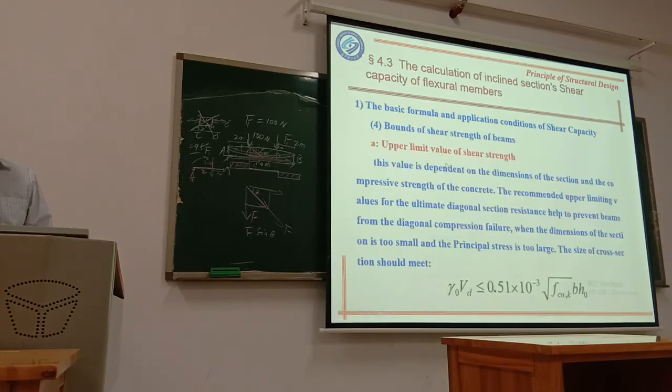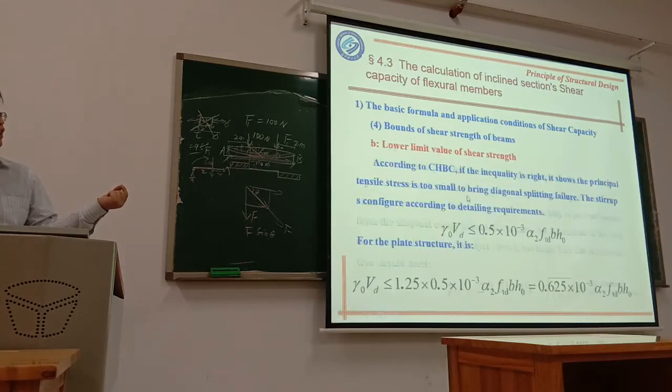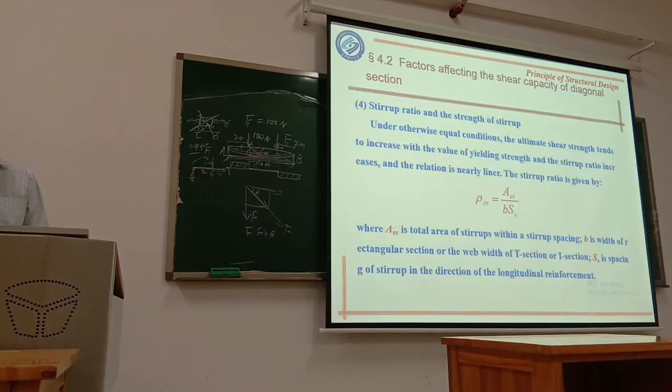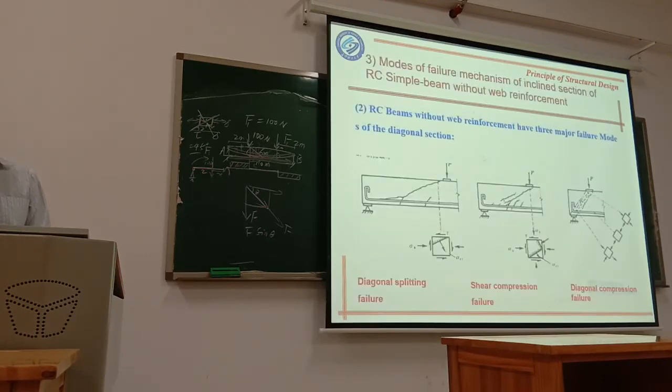So we make this upper limit and lower limit to keep your section design between them, so that if it fails, it looks like the shear compression failure mode in the middle one. Just like this one. Not this one or not this one.